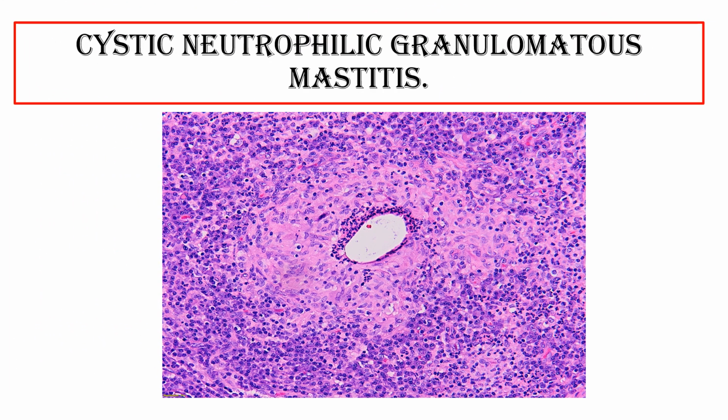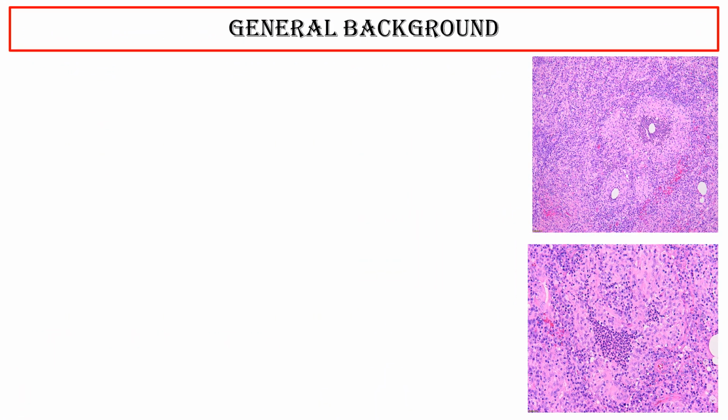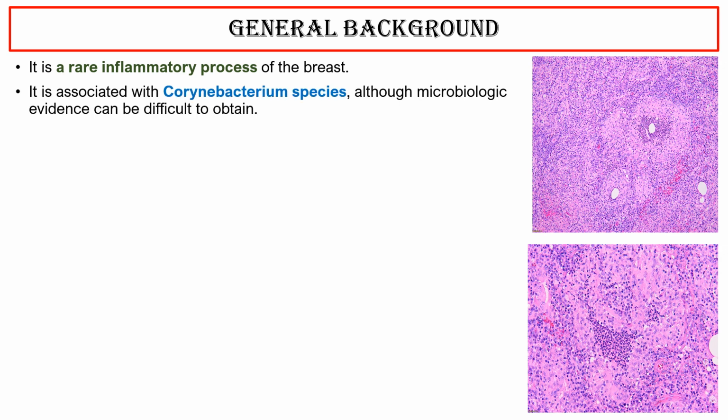Okay, let's talk about cystic neutrophilic granulomatous mastitis. General background. It is a rare inflammatory process of the breast. It is associated with Corynebacterium species, although microbiologic evidence can be difficult to obtain.